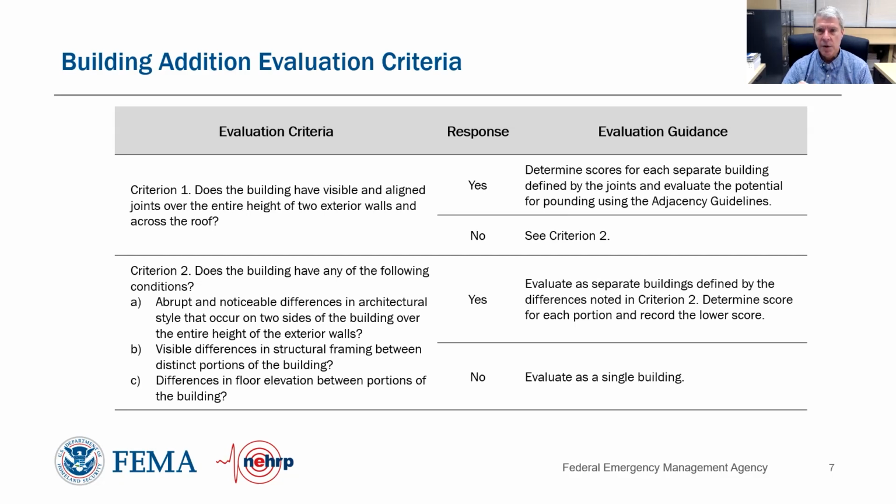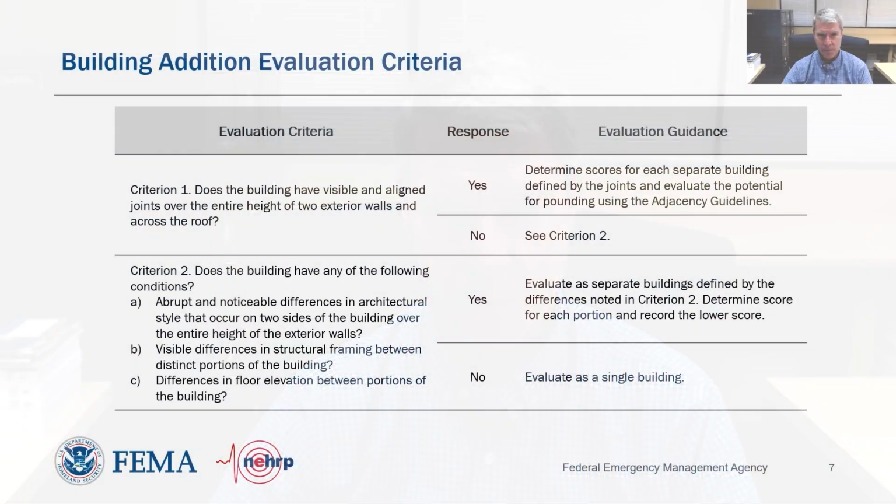We don't score this particular evaluation criteria within the RVS level 1 score, but we do note it because it could be potentially hazardous. It becomes one of these other hazards that we record at the bottom of our form in the center.